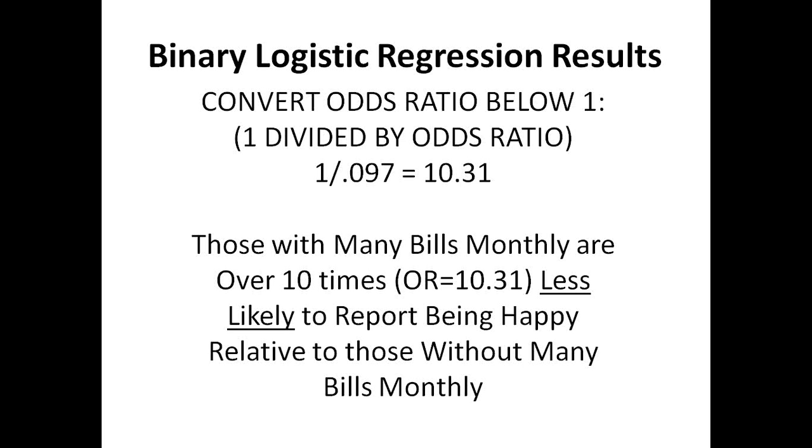So there's our communicable odds ratio, a little over 10 times. We would state those with many bills monthly are over 10 times, odds ratio 10.31, less likely to report being happy relative to those without many bills monthly. That will make intuitive sense to a lot of people out there.